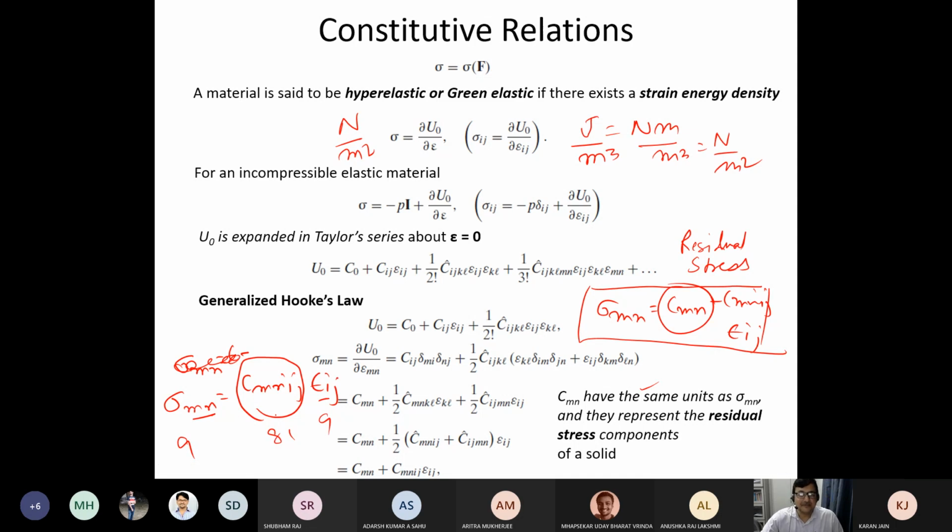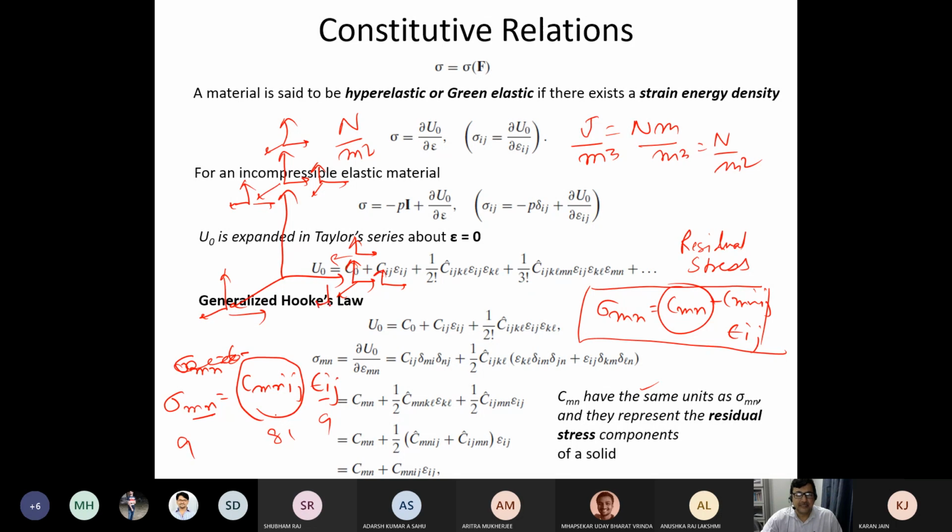So you can think about a three-dimensional axis system here, which is first converted into 9, right, like this. And then each one of them is converted into 3. So 9 for stress, and then each stress is associated with 3 more, right? So that is leading to altogether how many?